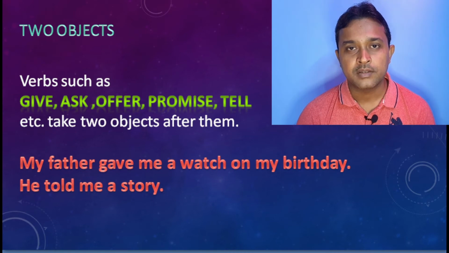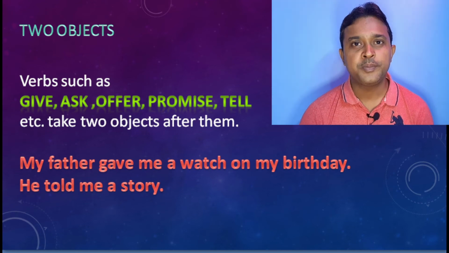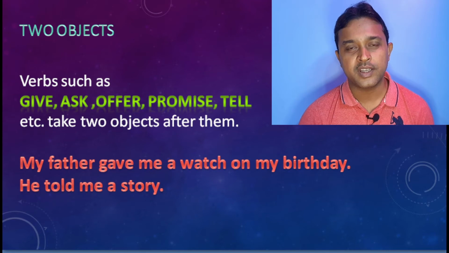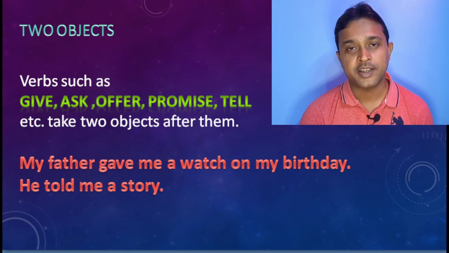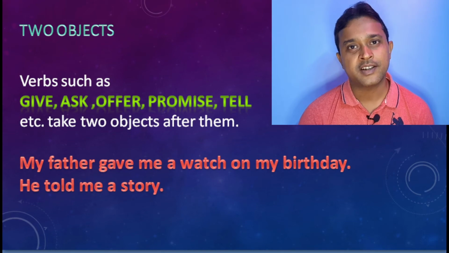Me, the person, is an indirect object, whereas a watch is a direct object. He told me a story. Here, the verb told is followed by me and a story. Once again, me is an indirect object, whereas a story is a direct object.